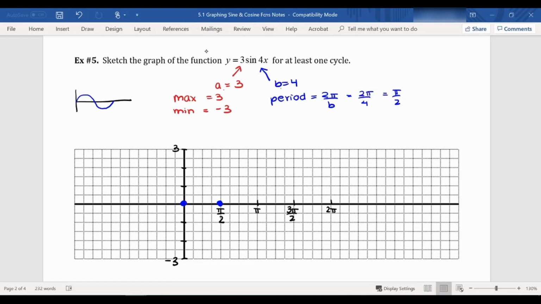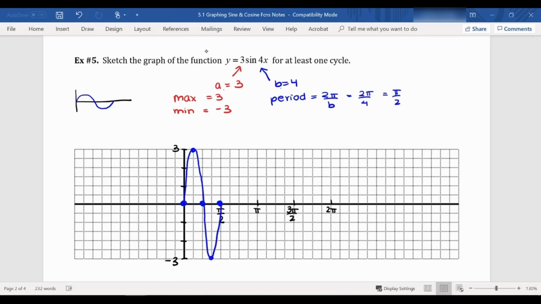I know for sine, I cross halfway. My maximum halfway between the first two, but my maximum is now 3. My minimum halfway between the next two, it's now -3. It's going to look like this.